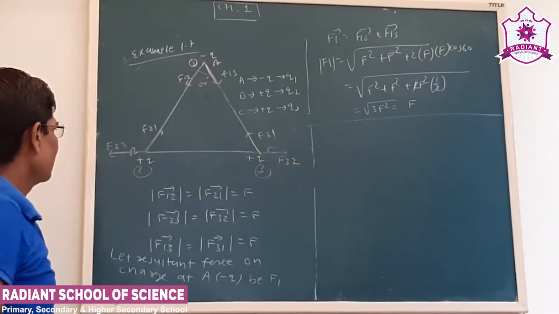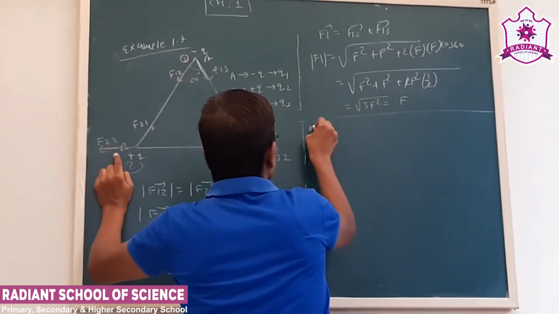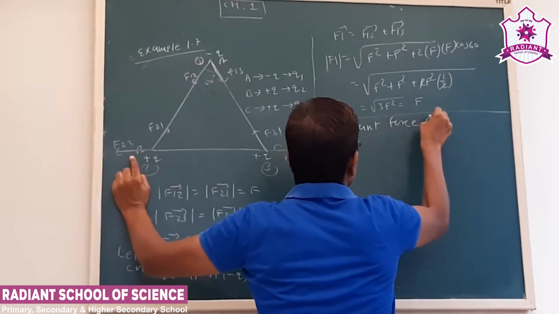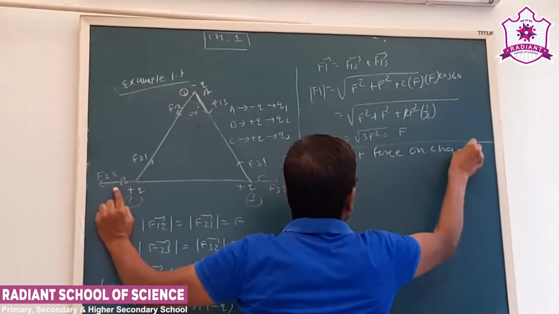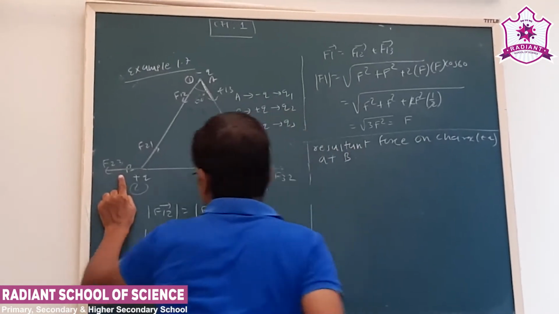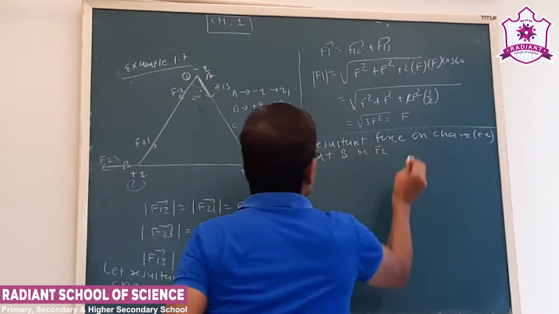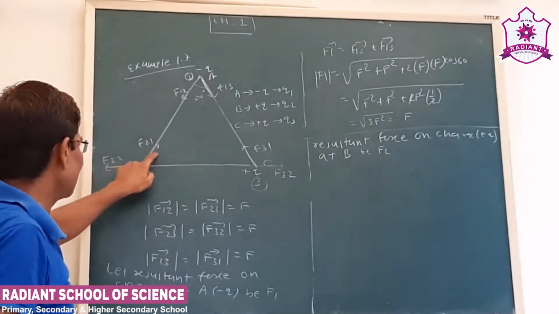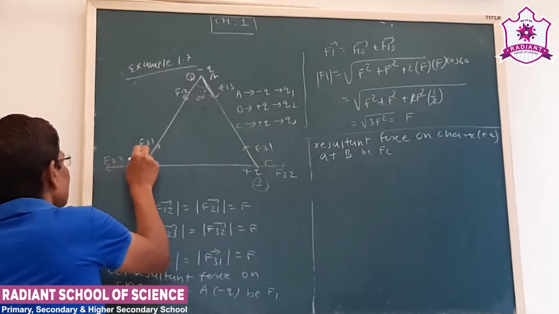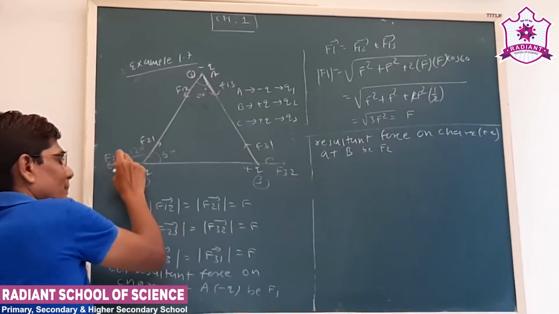Similarly, the resultant force on the charge at B, that is plus Q. Let us call it F2. Here also these are two forces of equal magnitude. But what is the angle between them? It is 120. Why? This angle is 60 and this makes a linear pair.